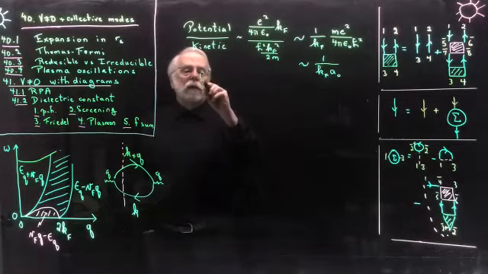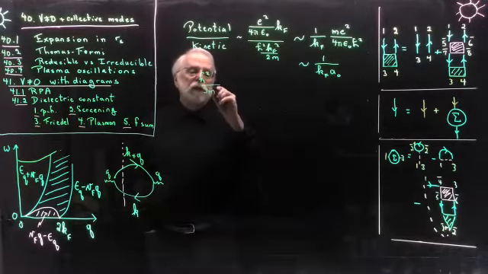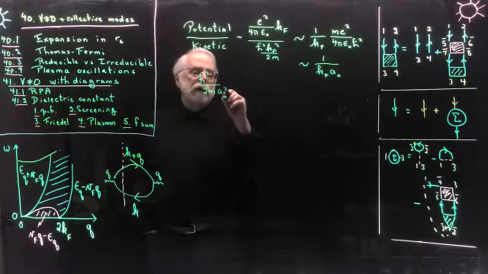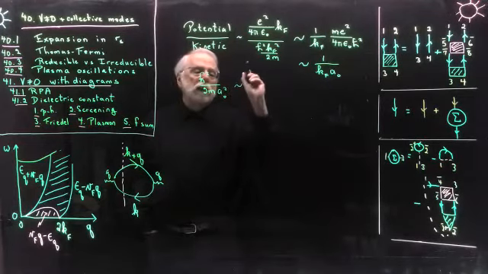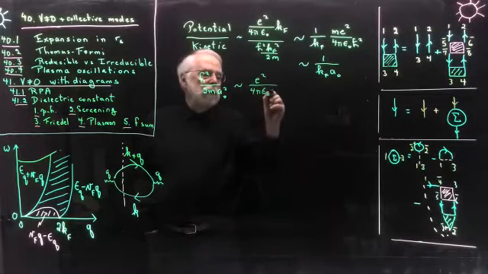So if I write h bar squared k squared over 2m, and then for k squared I use Heisenberg and I take 1 over a0 squared, this should scale as e squared over 4 pi epsilon 0 times a0, right?